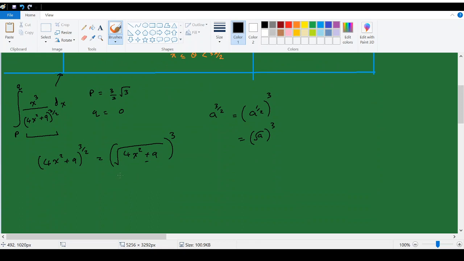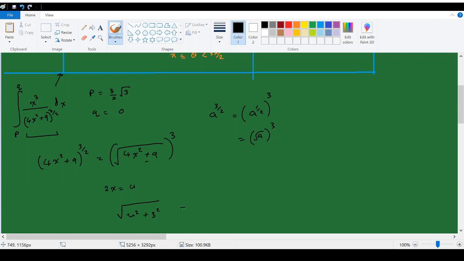So still we cannot directly use the second category, but we can get around this situation by considering 2x as u, okay? So then the square root will be u squared plus 3 squared.